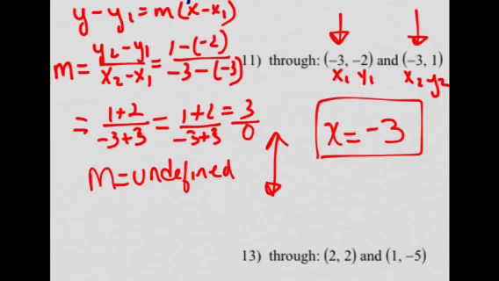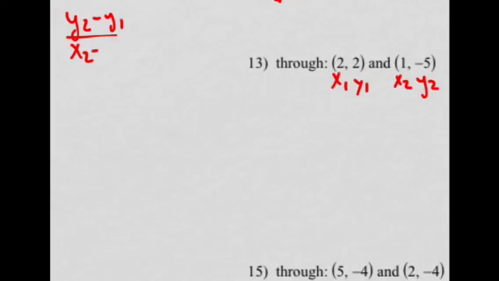Let's try one more example. Let's jump to number 13. Again, x1, y1, x2, y2. Let me calculate my slope, y2 minus y1 over x2 minus x1. y2 is negative 5, minus y1 is 2, over x2 is 1, minus 2.